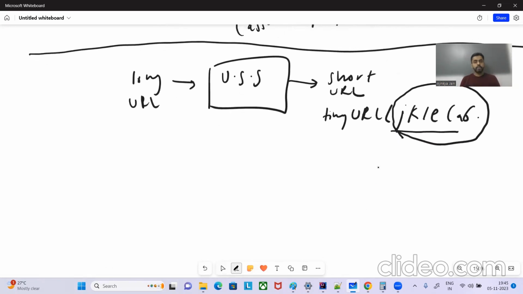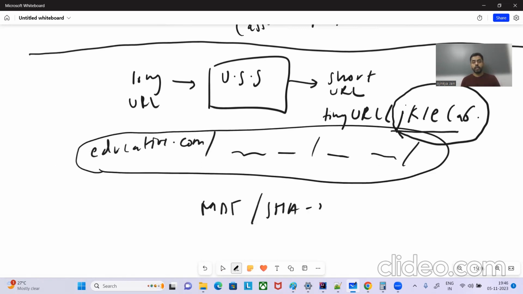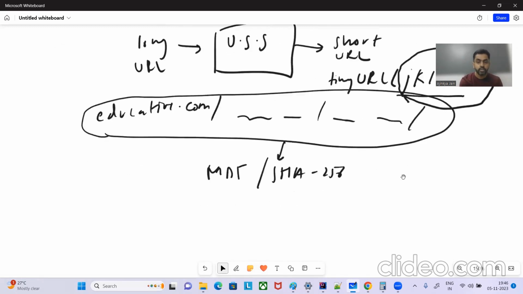So one approach we can take is, if a long URL is provided by the user, like educative.com and so on, we can use MD5 or SHA-256 to hash this URL.